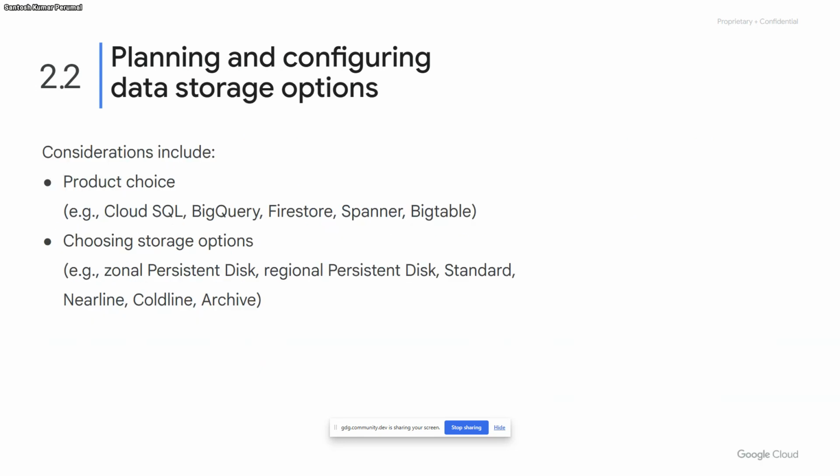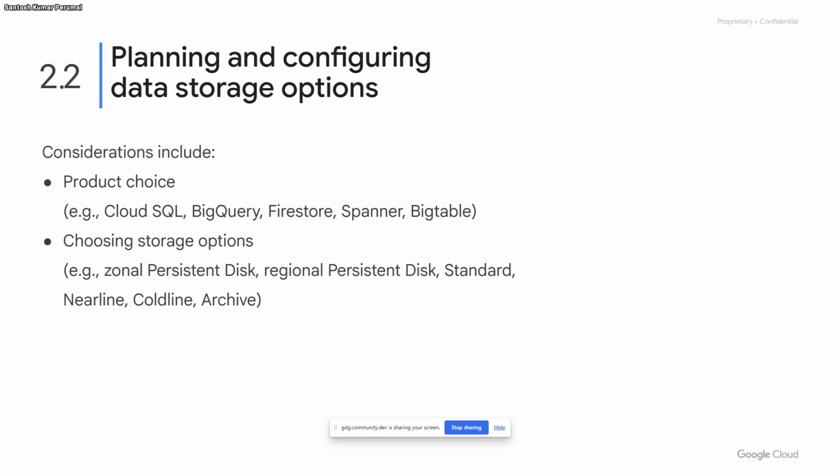So yeah, next is planning and configuring data storage options. So the data storage options are, there are many, as I told you. So Saeed, my colleague, will be covering a lot of options as part of the future slides. But just to give you a gist about what are the options we have: Cloud SQL, BigQuery, Firestore, Spanner, Bigtable as part of the data storage options.